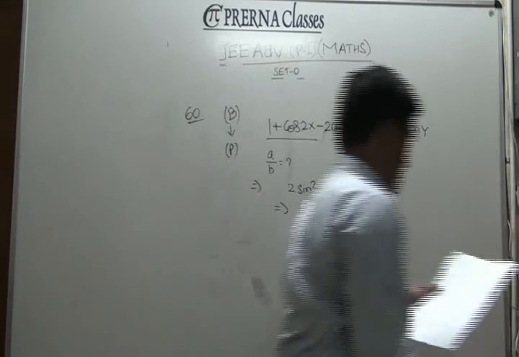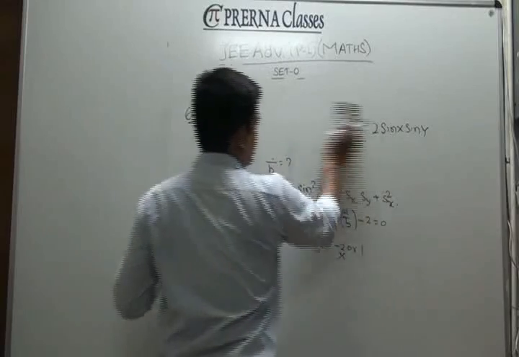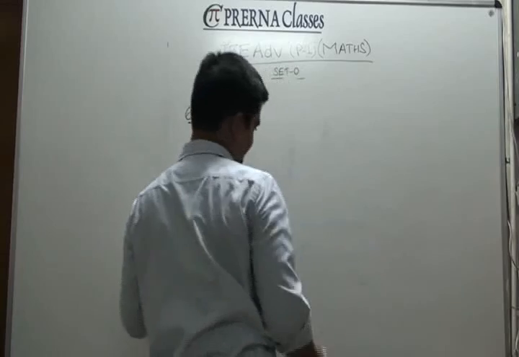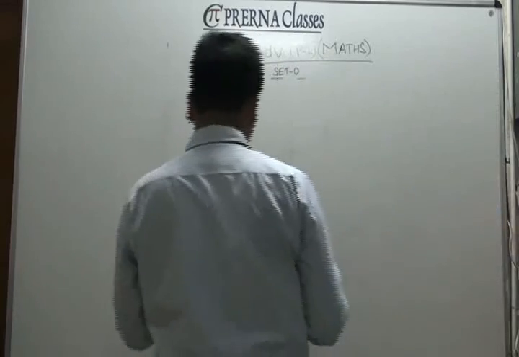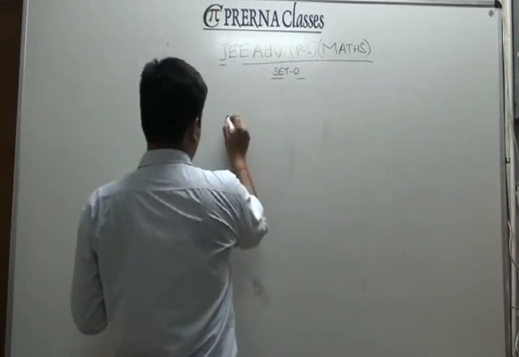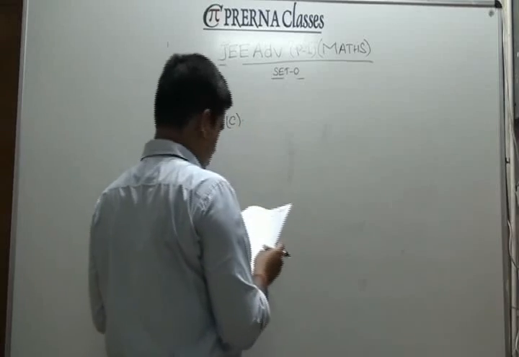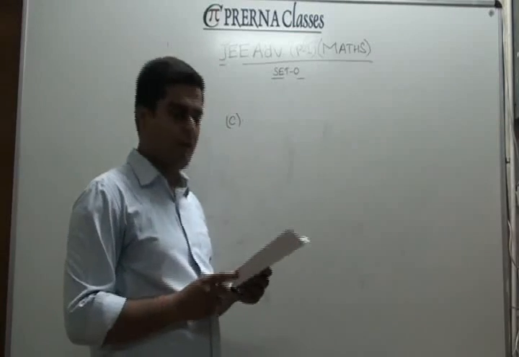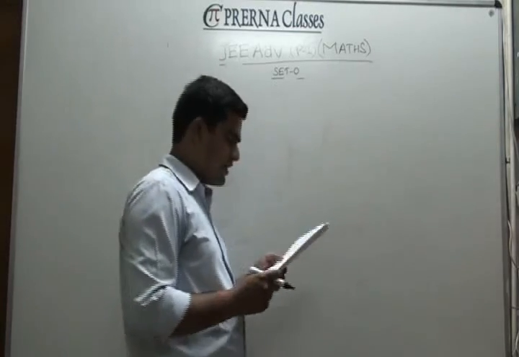Then we have the next option, that is C, is related with vectors. In option C, and if you correlate this option C with coordinate geometry, I guess it's going to be much better.